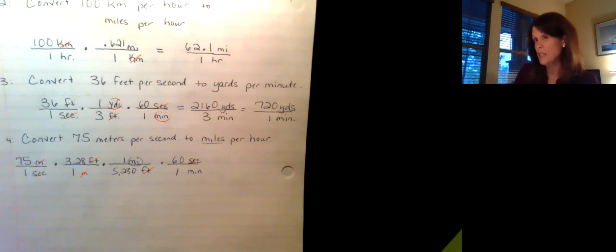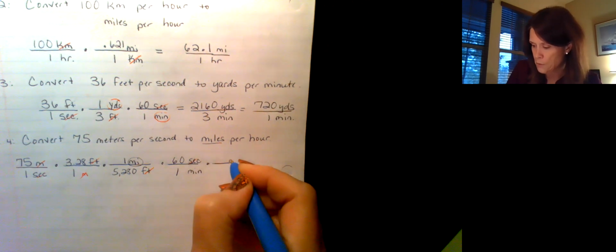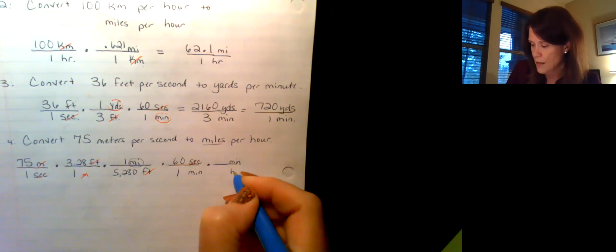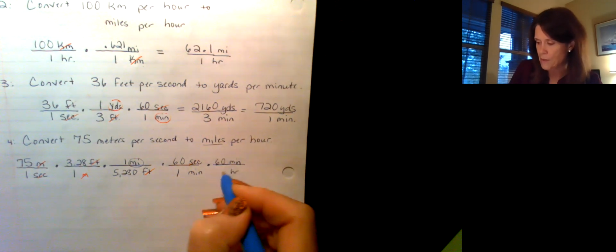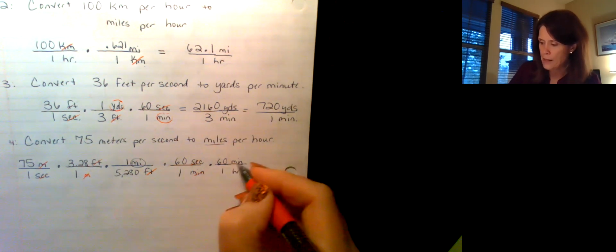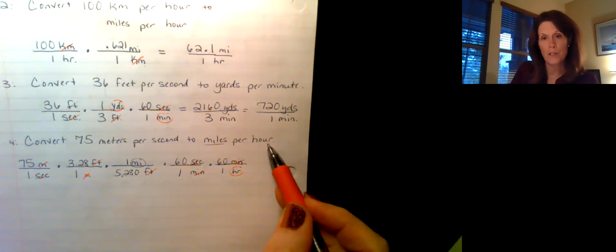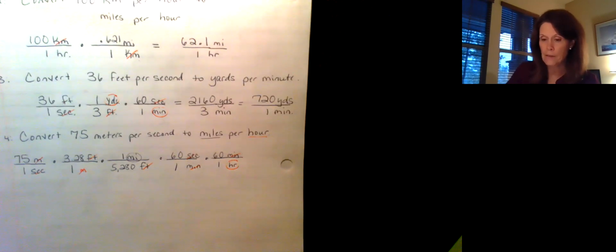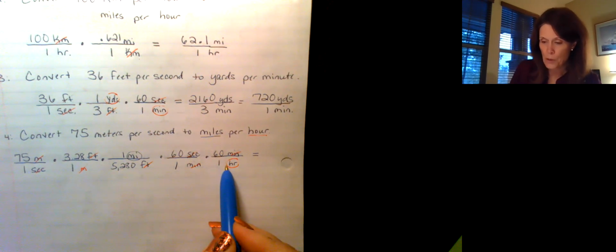So that means I have to do an additional unit multiplier. That's okay, trying to get rid of minutes and convert that to hours. And in the same way I knew this, I know there's 60 minutes in 1 hour. Now these minutes cancel out. The label that's left is hour, which is what I'm trying to get to right here. Okay, so I've got my correct label of miles per hour, right?